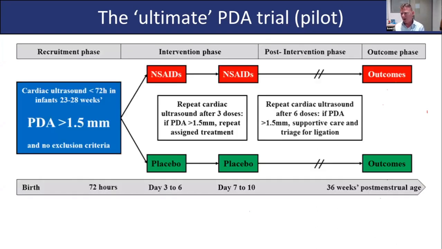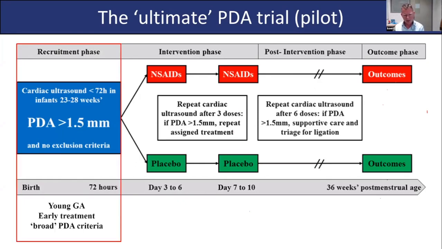This is our flow diagram of the trial. It's actually really classic. We started with the recruitment phase of looking at eligibility criteria, fairly, a little bit broader than the TOLERATE study. We looked at young gestational age. We did early treatment, which is much more common in Europe and Australia. I'm not quite sure about Asia. And we looked at broad PDA criteria.